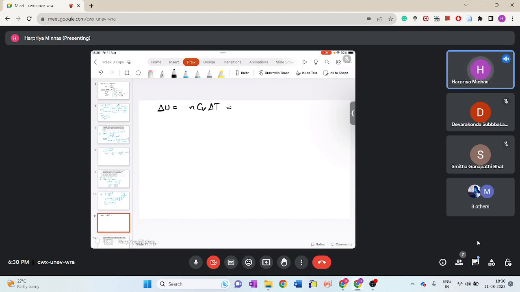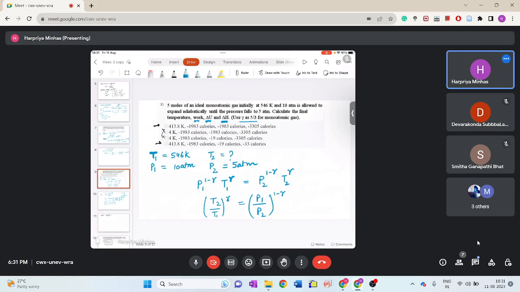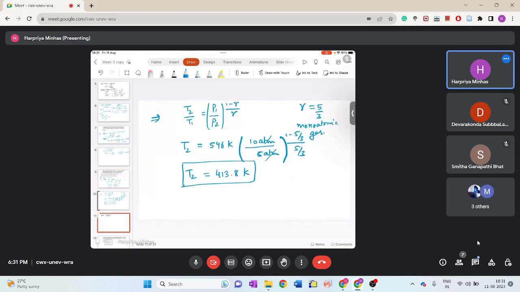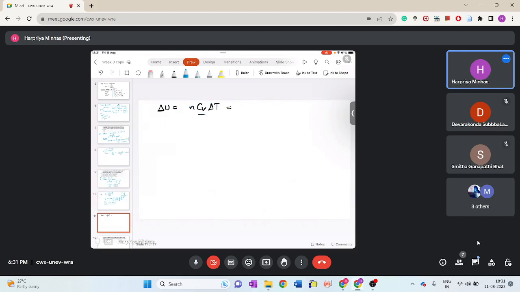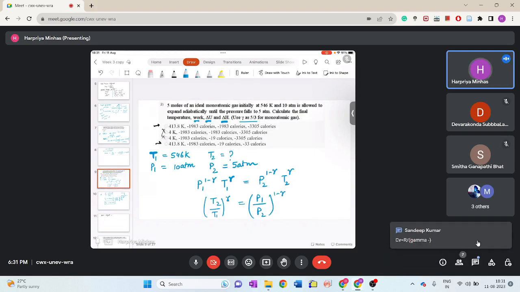Is there any way that we can calculate the Cv? The given n is 5.